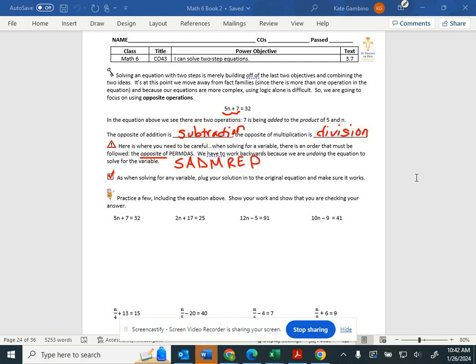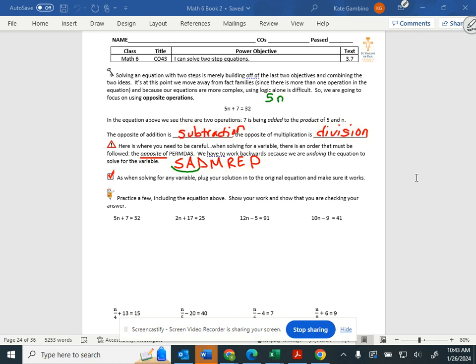So our first thing that we do is we are going to add or subtract. So you should be writing this down. So we are going to add or subtract first. So if up here we have 5n plus 7 equals 32, what do you think we need to do? We could probably take the 32 and subtract it from 7.